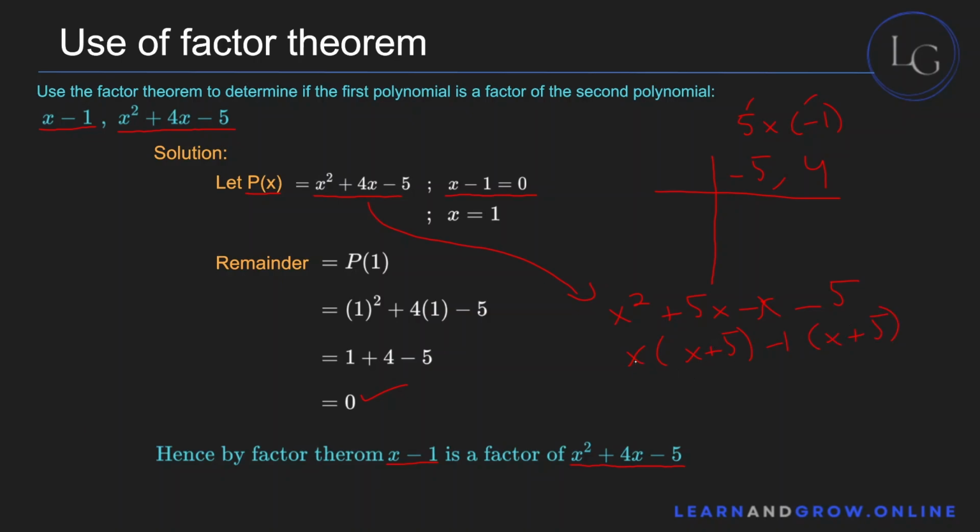These two are common, and you'll turn them into a factor, and you'll turn these two terms into a factor. So this will become x minus 1 into x plus 5. So instead of going through all of this, you can just use this when one of the factors is given to you. And you can see that x minus 1 is indeed a factor. So this has been confirmed.